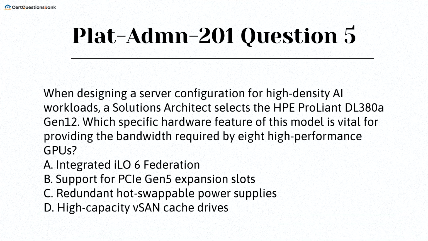When designing a server configuration for high-density AI workloads, a solutions architect selects the HPE ProLiant DL380 Gen12. Which specific hardware feature of this model is vital for providing the bandwidth required by 8 high-performance GPUs?